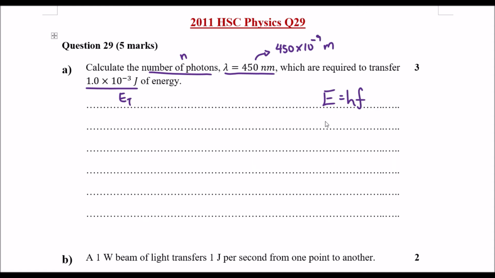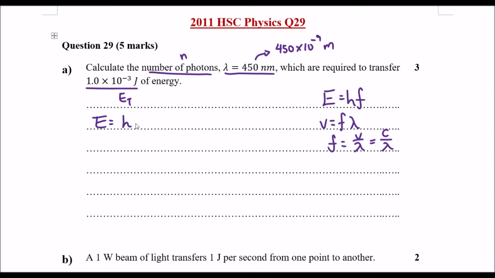So I know that velocity equals frequency times wavelength. So frequency can be written as velocity over lambda. And if we have the scenario where it is the speed of light, because it's a photon, it would be c over lambda. So I can substitute that formula in.